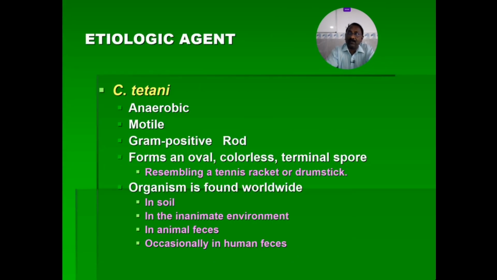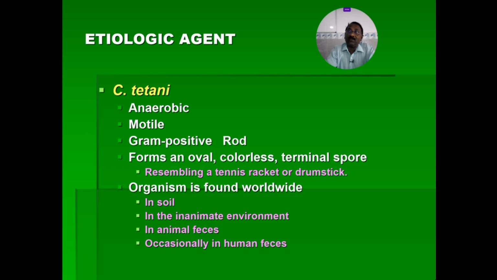Clostridium tetani is an anaerobic, motile, gram-positive organism. It forms an oval, colorless, terminal spore resembling a tennis racket or a drumstick. It is found worldwide, mostly in soil. When a person gets injured with wounds, abrasions, or abscess formations, it enters the body.